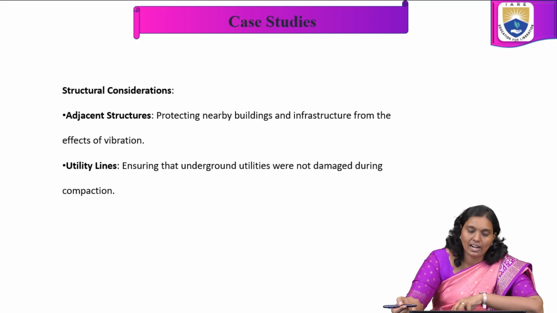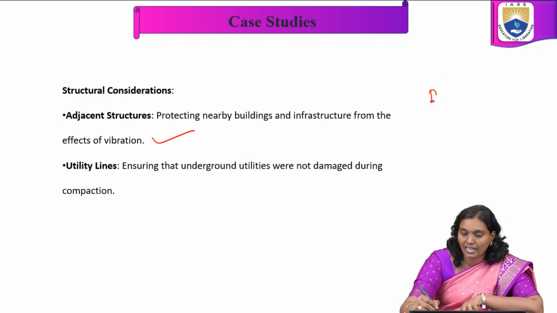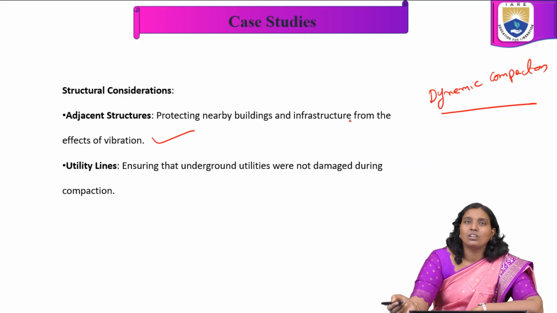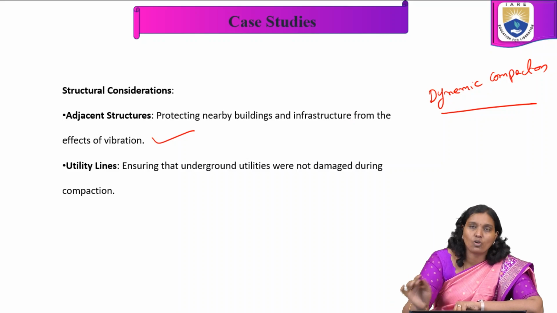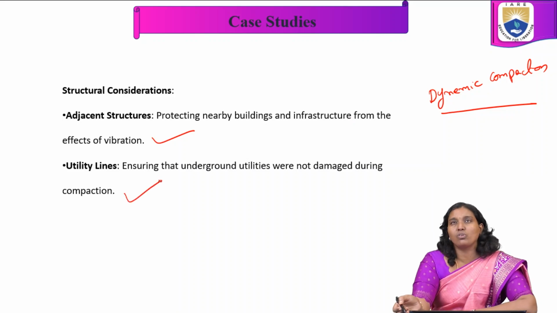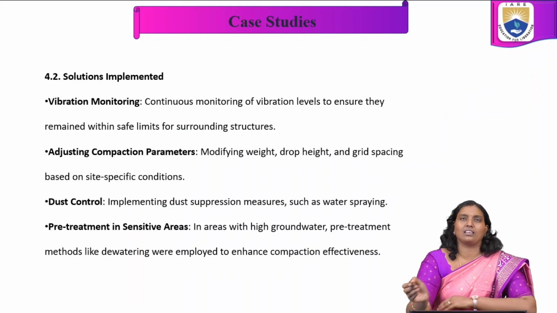So protecting the nearby buildings and infrastructure from the effects of vibration created by dynamic compaction, and also ensuring that underground utilities are not damaged during compaction. These kinds of structural considerations we also have to keep in mind for understanding these ground improvement techniques.